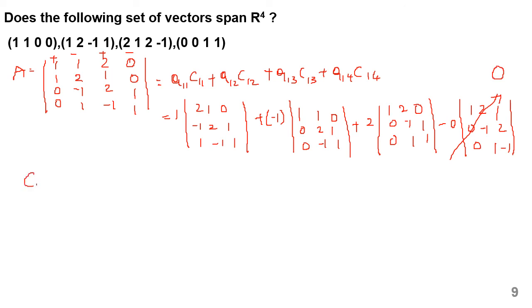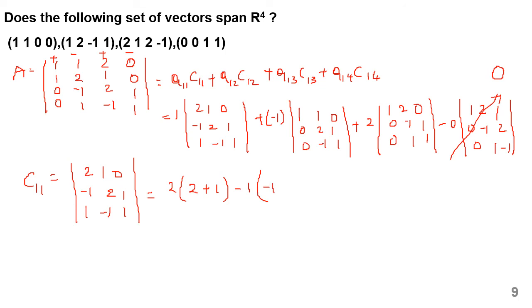So we'll first find the determinant of C11, which is given as 2 1 0, minus 1 2 1, 1 minus 1 1. So it is equal to 2 into 2 1s are 2 plus 1, minus 1 into 1 minus 1 minus 1 plus 0.